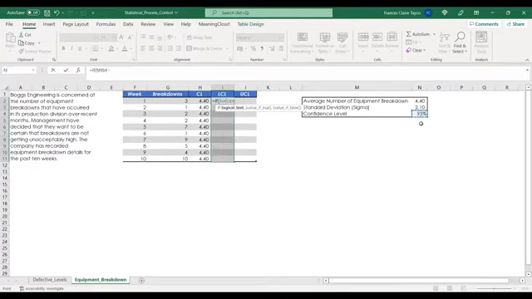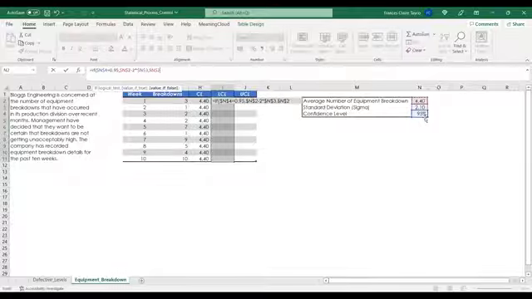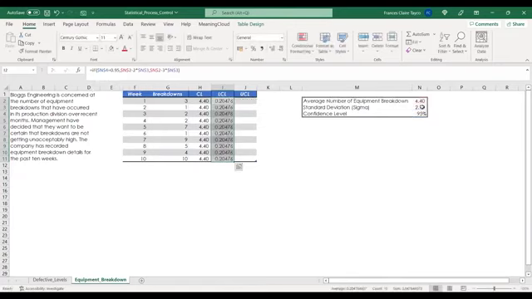Let's put it in this IF formula. Otherwise, it should be the average less 3 times sigma. So let's just reduce the number of decimal places.